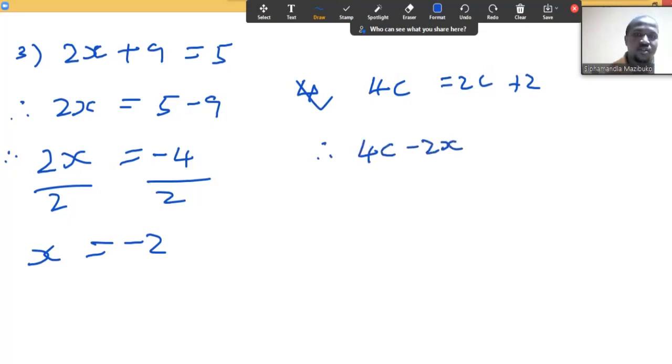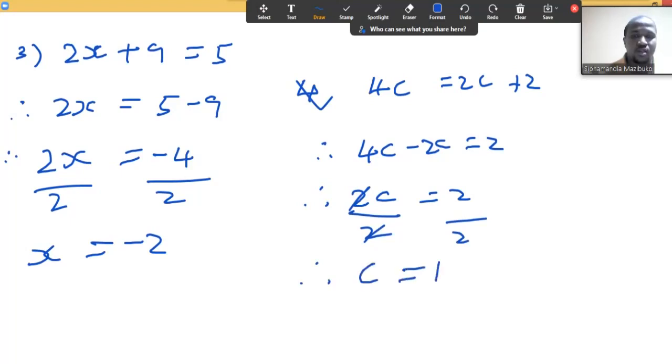Sorry, I wrote the term as 2x; let me erase it. It's actually c, not x. It's 4c minus 2c is equal to 2. Therefore 4 minus 2 is 2, so 2c is equal to 2. So we divide by 2 on both sides, and then c is equal to 1, because 2 divided by 2 is 1.